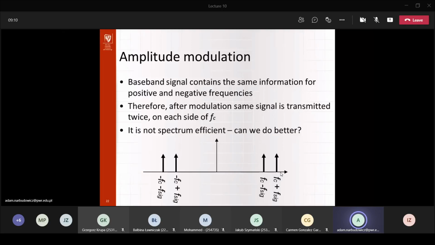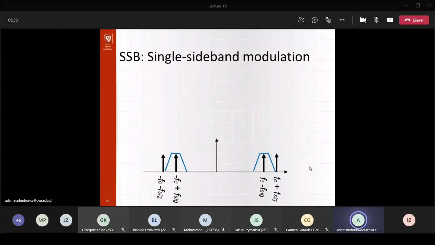And hopefully the answer should be clear: we can simply chop off or filter one of those two bands, because one of them is clearly not needed. So why bother? We can have half of the bandwidth of our signal in this case, without practically any loss of information.